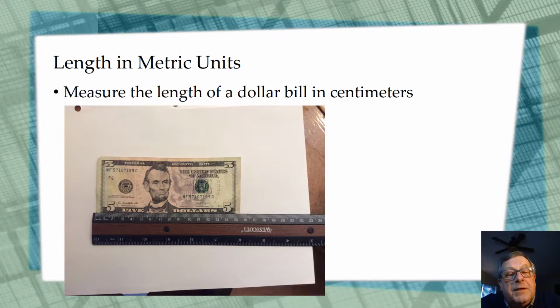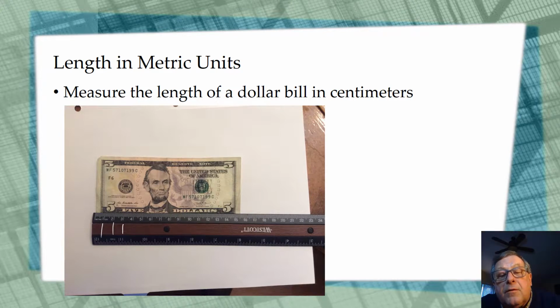Each one of these units, the 1, the 2, the 3, those are all in centimeters. And between each centimeter, there are 10 little hash marks, because the next level of measurement is a millimeter.